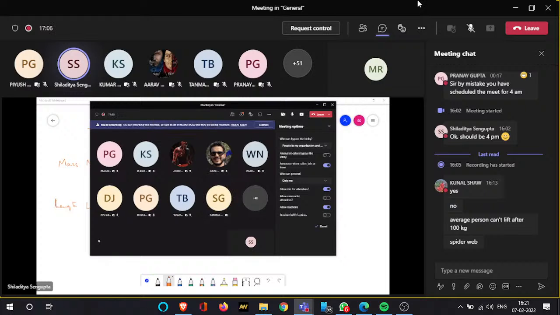Okay, I will give you two examples. Spider web and hair are of the same order of magnitude. So I'll give you two examples which are much less in order of magnitude compared to hair. The first example is a soap bubble. The wall of a soap bubble is at least 100 times thinner than hair. And the second example is, if you close your eye, sometimes you see some particles floating.